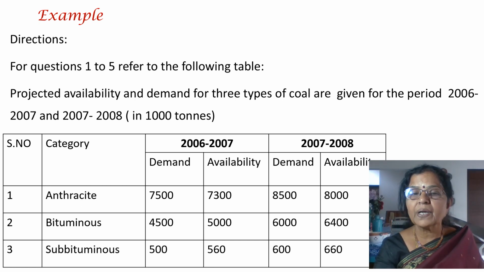This is very important and you mustn't miss that out. For any calculation, you are going to add 3 zeros, because in the first column it says 7,500, that means 7,500 times 1,000. So all those numbers are in thousands. And here you should know that the other name for availability is supply.